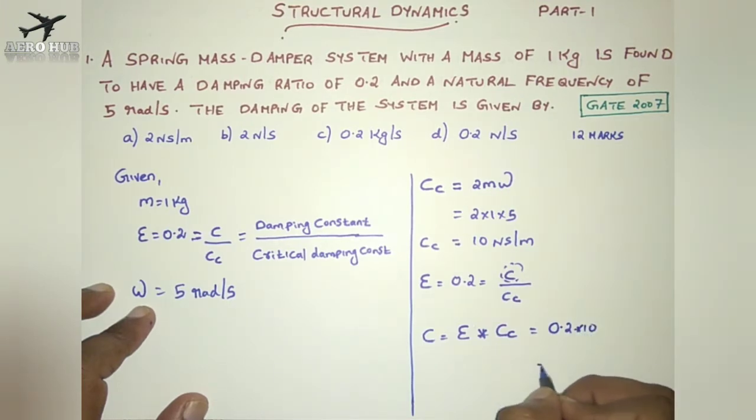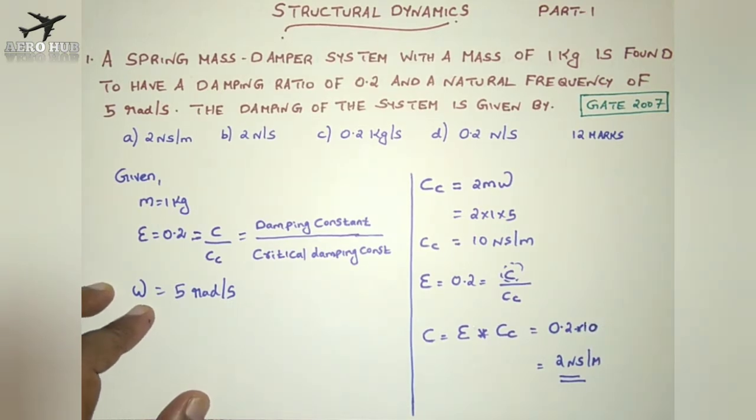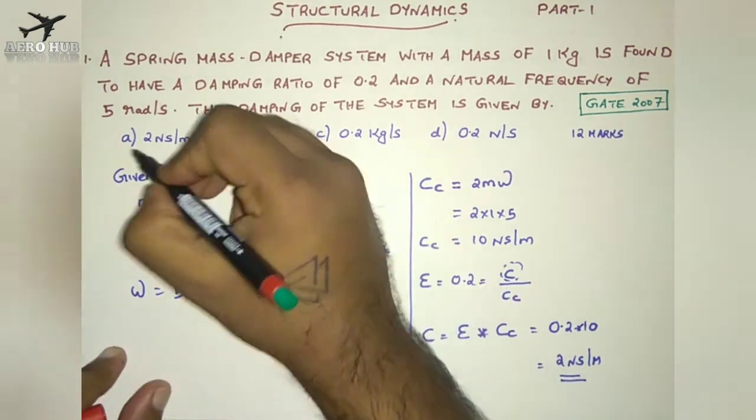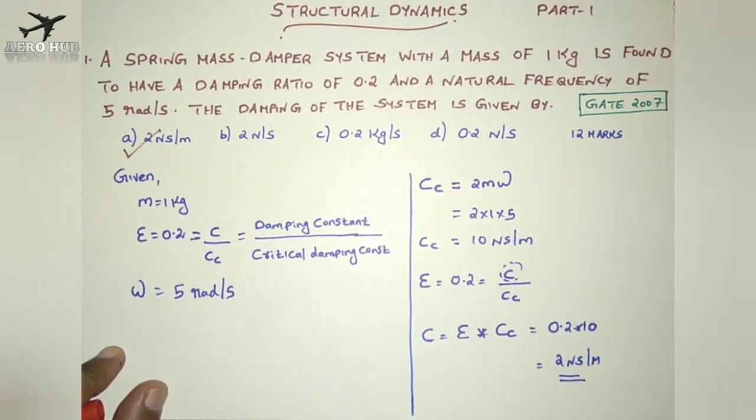So the answer will be 2 Newton second per meter. This is the value of the damping constant for the given problem, and option A, as I said earlier, is the answer for this question. You have to remember the units for the damping ratio, damping constant and the critical damping constant.